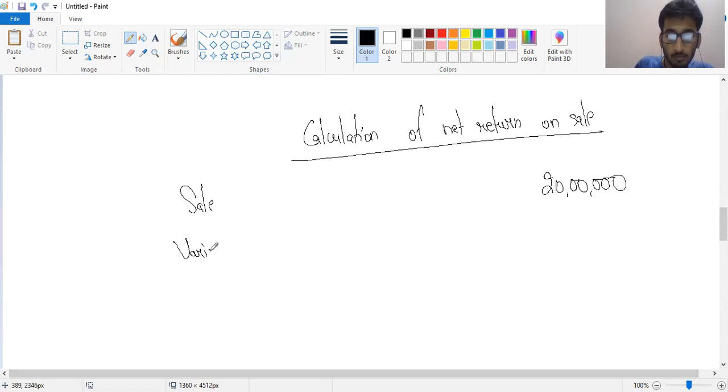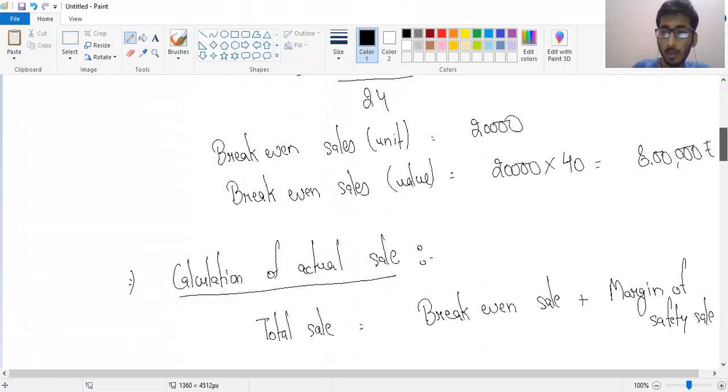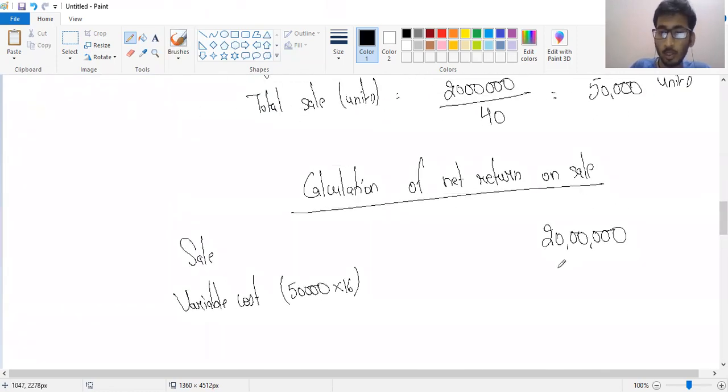Variable cost is 50,000 multiplied by 16. 50,000 multiplied by 16. So what would it be? It would be 8 lakh.